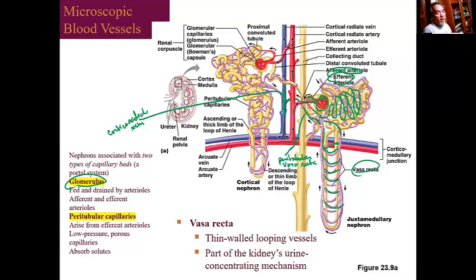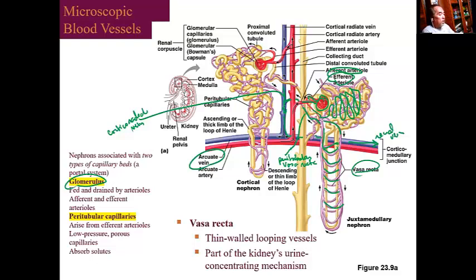The cortical radiate vein will then go down into what we call the arcuate vein and back to the renal vein. Okay, so again, I'm stressing the microscopic structures because these anatomical microscopic structures are the ones that you will be discussing when you study physiology. At least you know what these structures are.